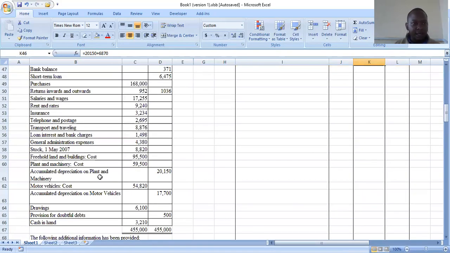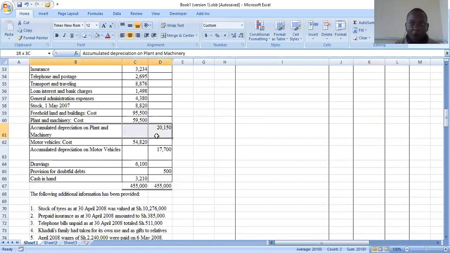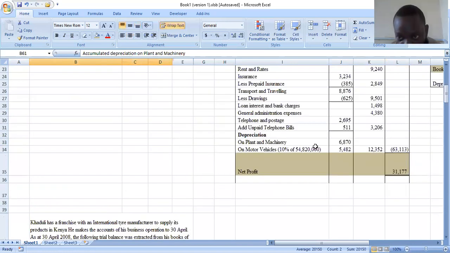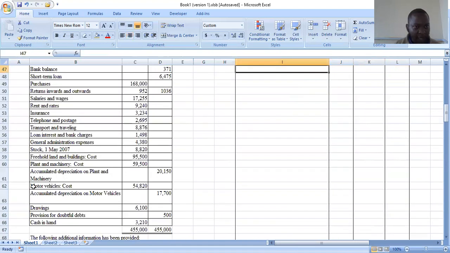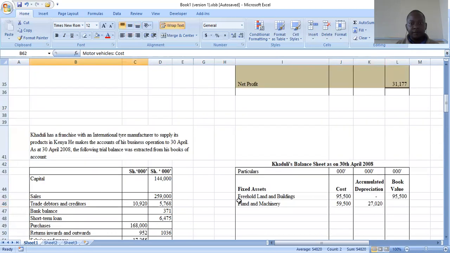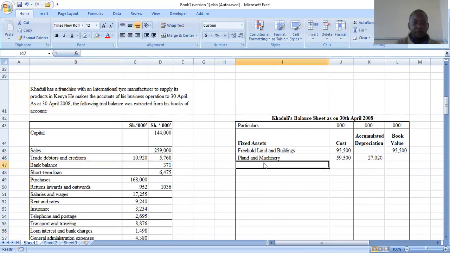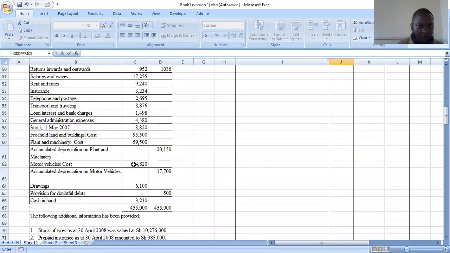That is the accumulated depreciation in the trial balance at the beginning, 2150, plus the depreciation for the year, 6870. It will give us 27,020. And then we have the other fixed asset, that is motor vehicles, whose cost is 54,820.